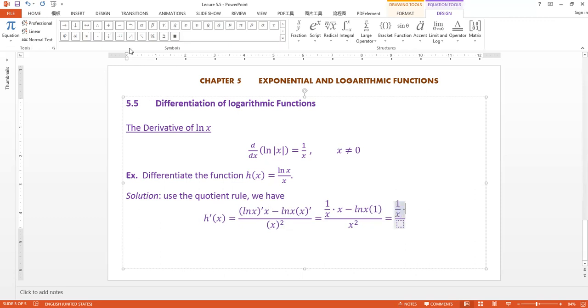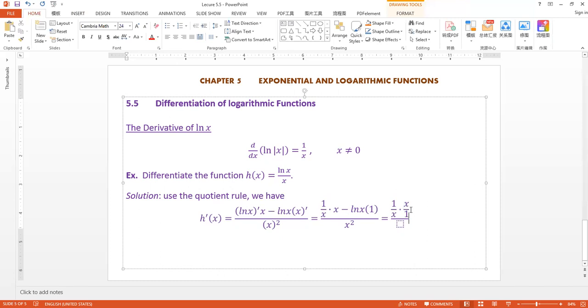This is how you do multiplication of fractions with numbers. So that'll be the first term on the top, and then minus ln x. ln x times 1 is just ln x, and the bottom is just x squared.